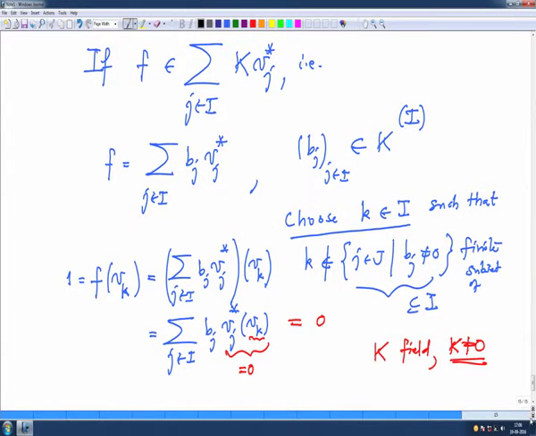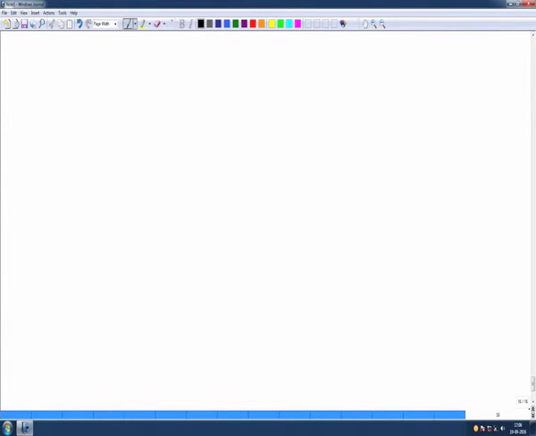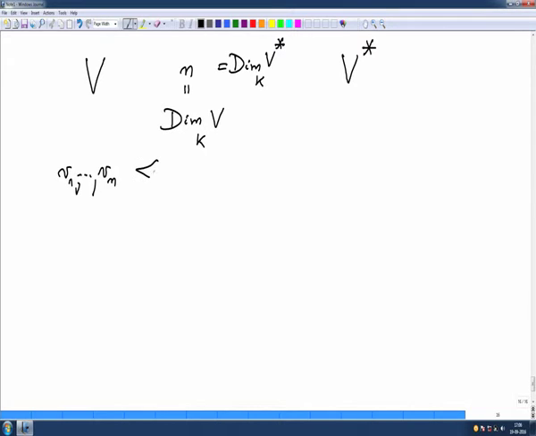So V is here, V star is here, and we are assuming V is finite dimensional, n is the dimension of V, and we have also checked that this is also the dimension of V star. We have a basis here, then we have a corresponding dual basis v_1 star, up to v_n star.